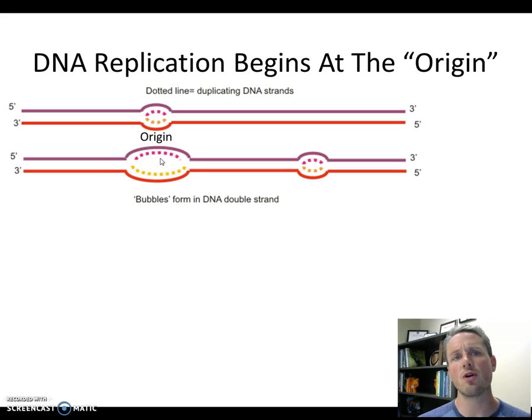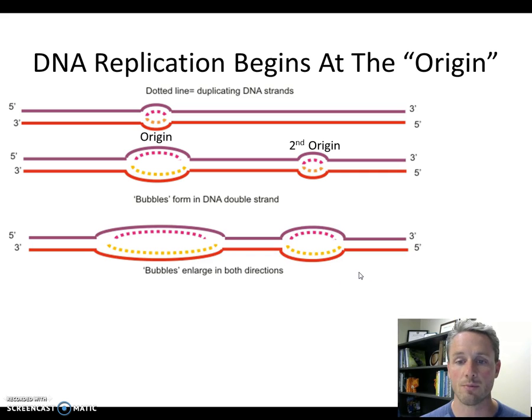But because we have so much DNA to replicate, we don't just start in one spot. Somewhere else in our DNA, actually many other places in our DNA, there will be additional origins of replication. So here I'm showing a second origin, where we begin DNA replication right there as well. And this replication bubble will grow left and right while we continue the process.